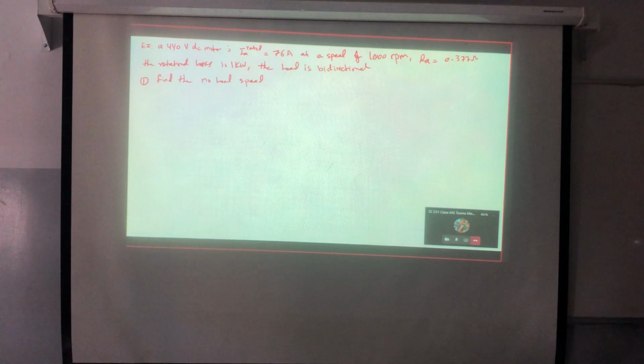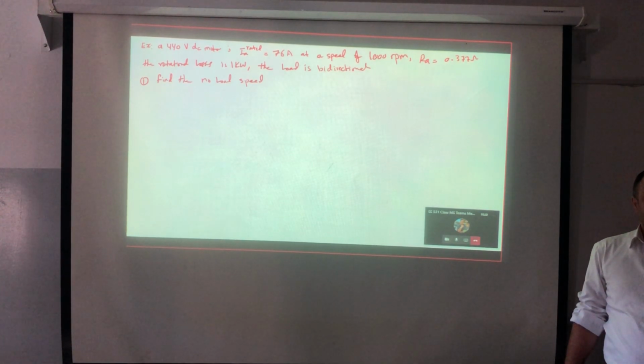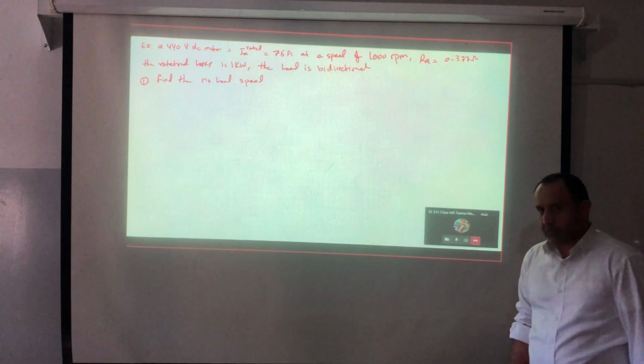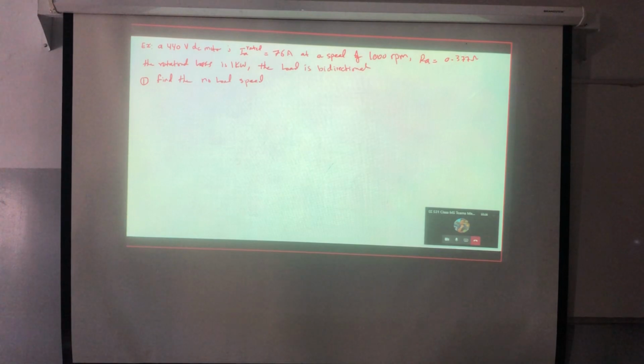So, first one. Can you give me that? EA equals K phi W, and K phi is K phi, right?